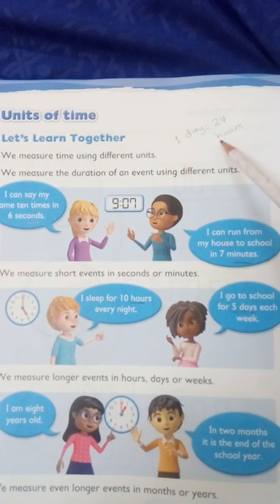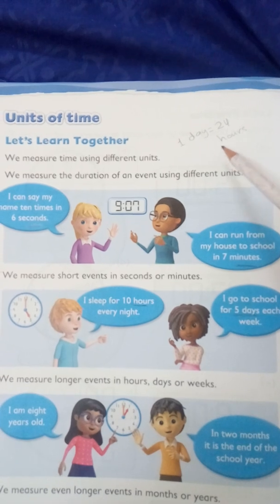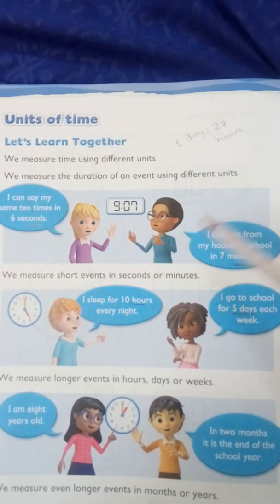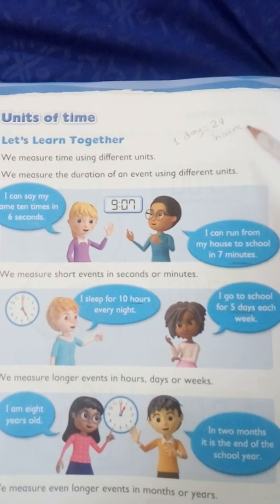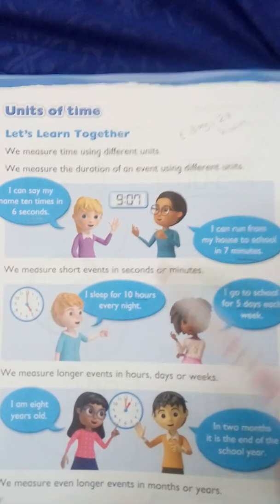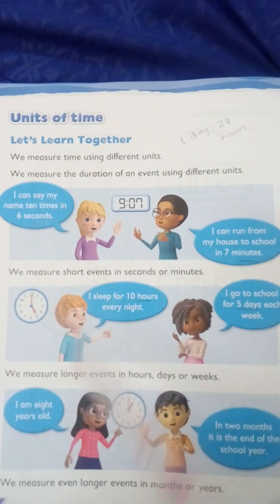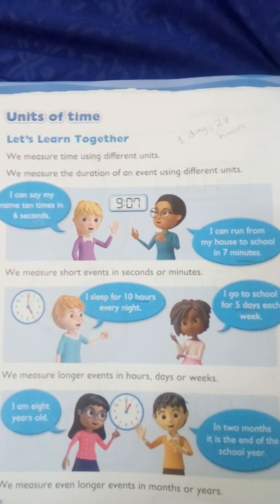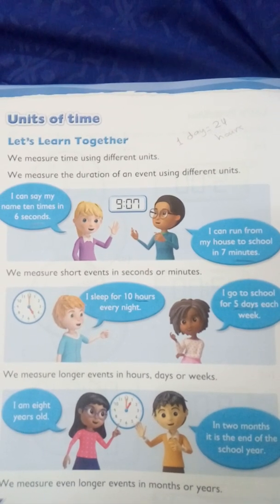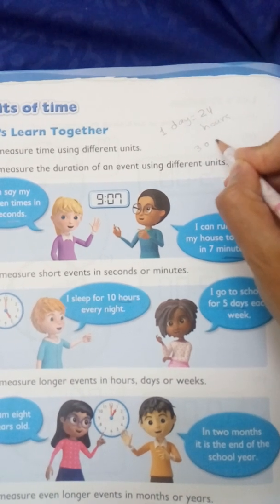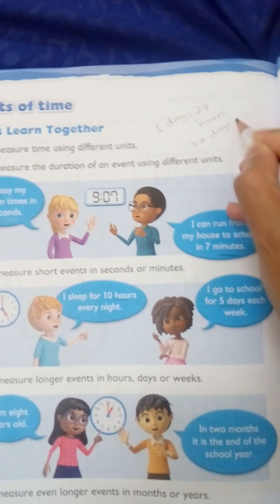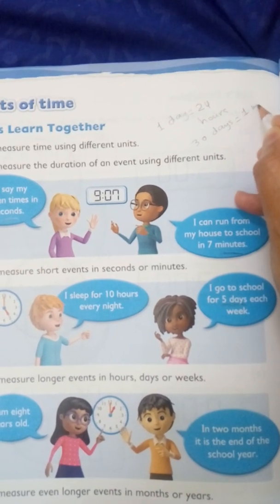Sometimes the daytime will be longer than the night time, but all in all we have 24 hours. And then if you put 30 days, you will have 1 month.